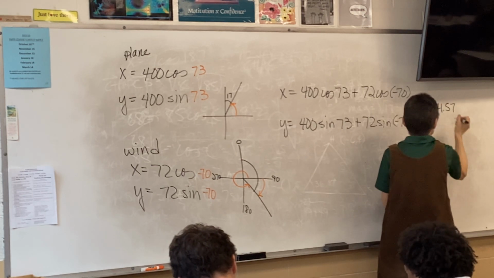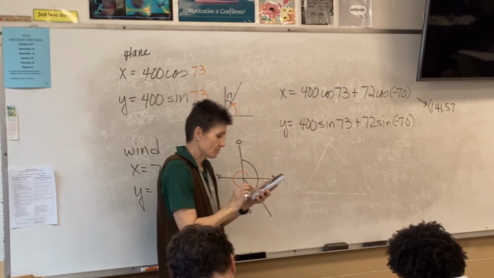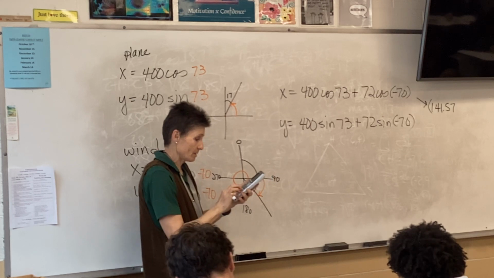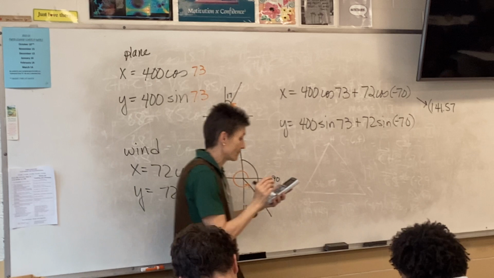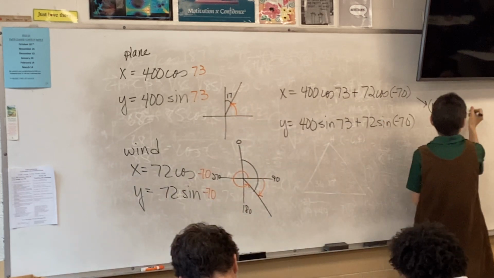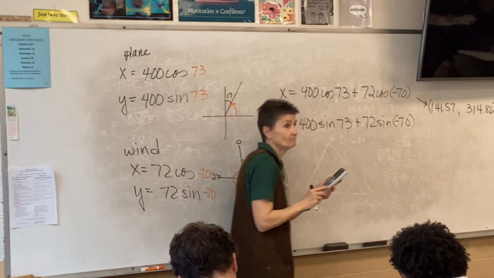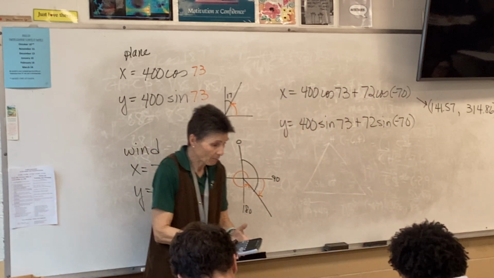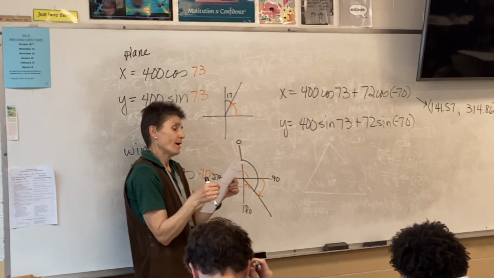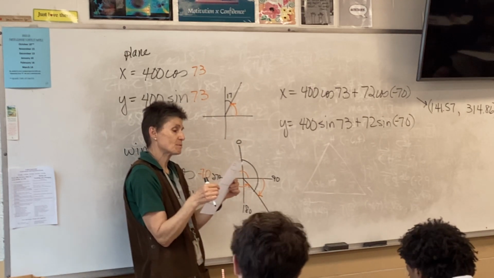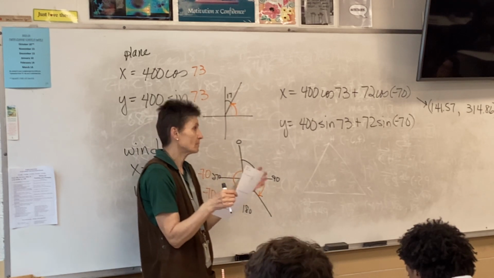141.57. And then 400 sine 73 plus 72 sine negative 70 is 314.86. Now, does that look like what you got? Yeah. All right, I want to make sure I'm answering the question. Find the actual speed and direction of a plane traveling, okay.